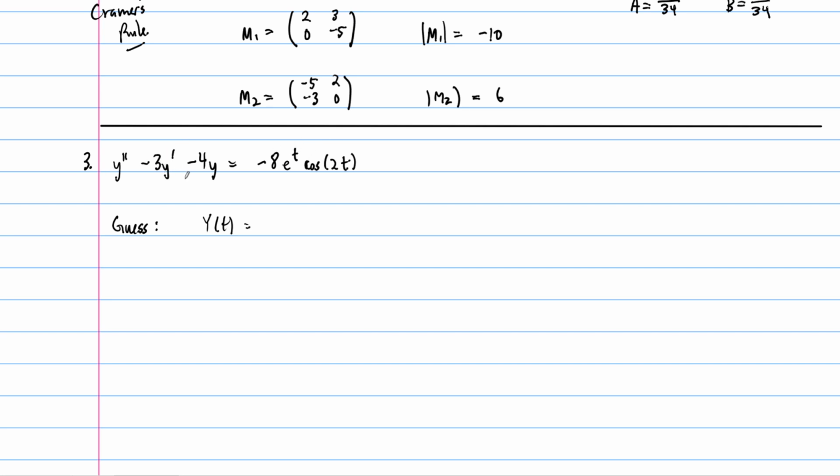So your guess needs to include both. Your guess would be something like a e to the t cosine of 2t, with the 2t staying inside, plus b e to the t sine of 2t, and then you work it out. And if you change the order, you're just going to switch the roles of a and b. It's fine, you're going to determine them anyway.